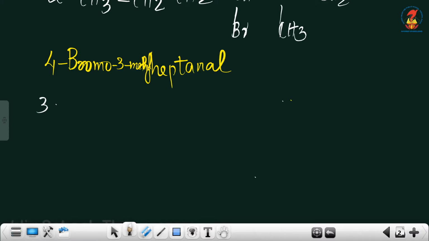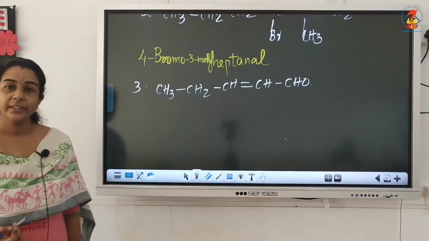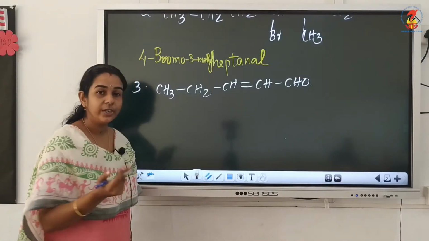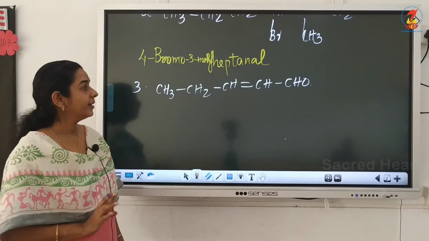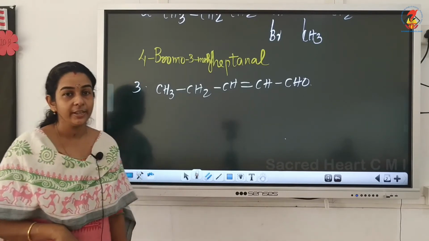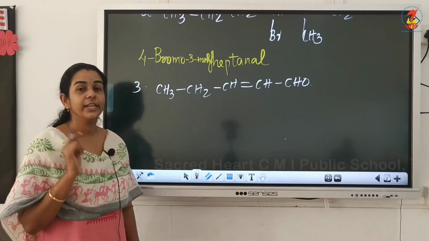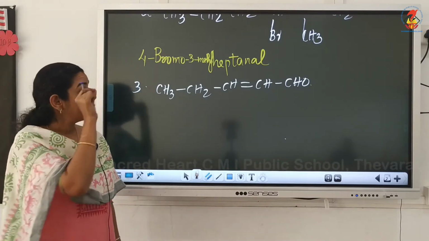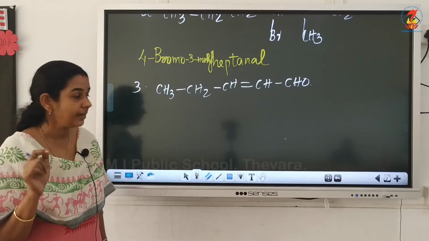Now next compound. Apply the rules. Here only one chain we have, so as usual try to number the carbon atoms. How can we number this chain? The rule is the functional group or the substituent carbon, whichever carbon contains branches, should get the lowest possible number.